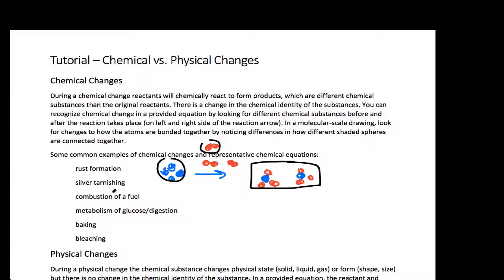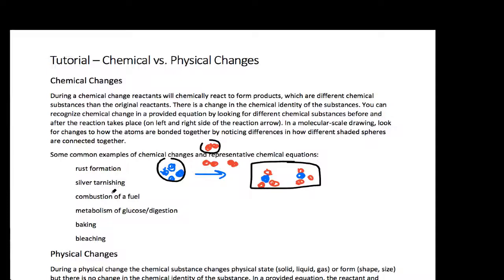When you burn a fuel, you create combustion products. So picture gasoline, which is a kind of liquid, smells funny, don't want to drink it, right? When you burn that for energy, there's a certain point where you don't have any more fuel left because it's all turned into different things.